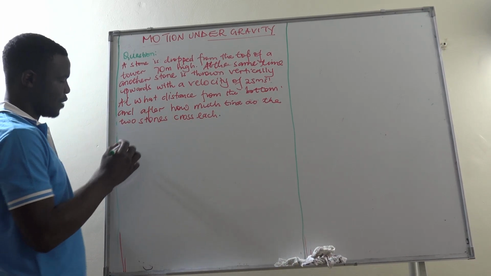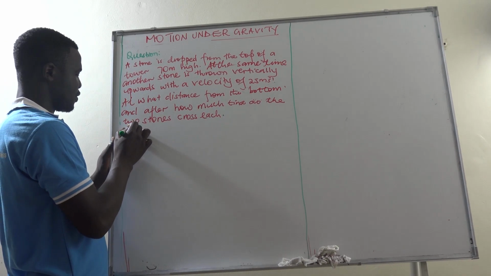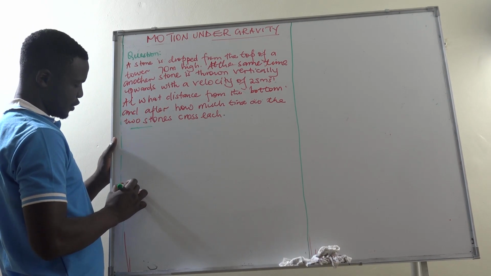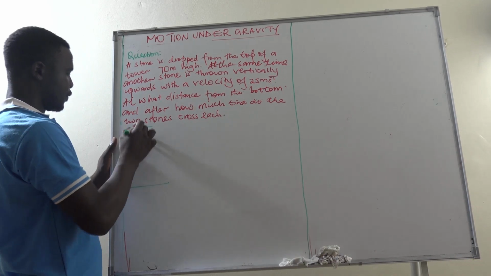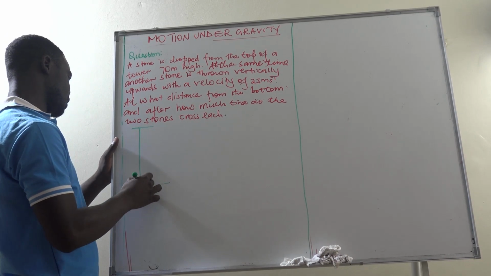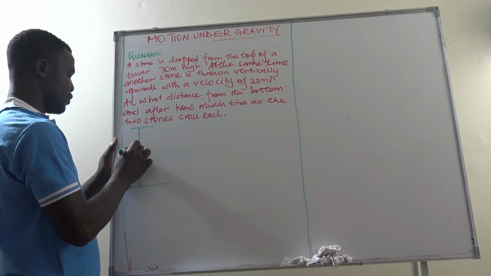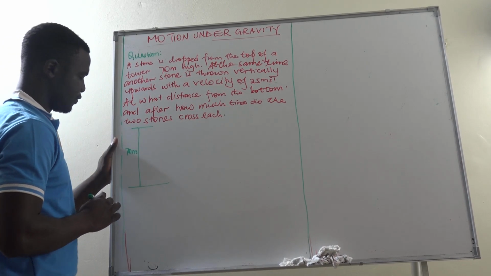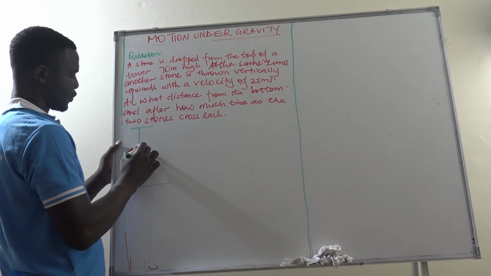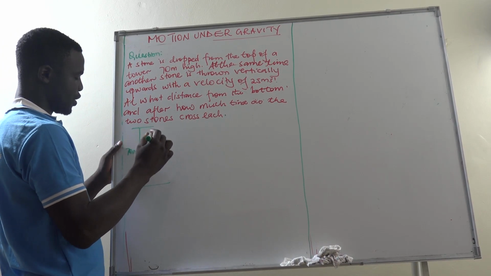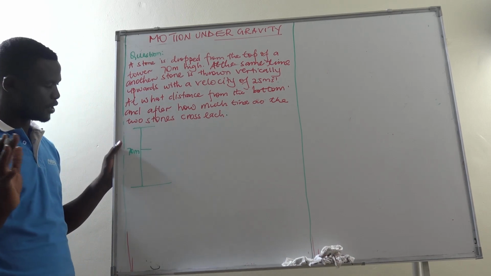Now, I'm going to sketch that maybe this is the tower and this is the bottom. So they have said the distance from the top of the tower to the bottom is 70 meters. But I do not know at what distance these two stones cross each other.